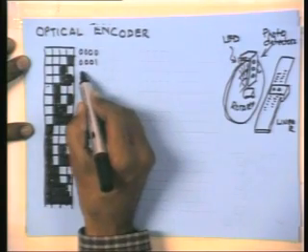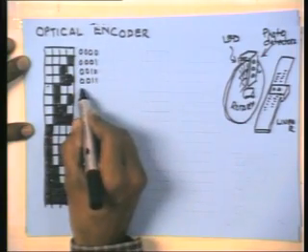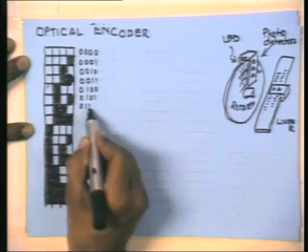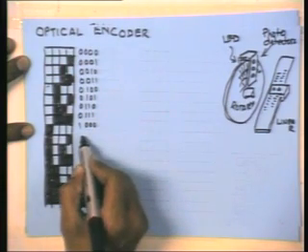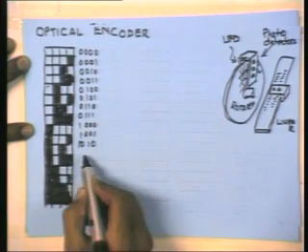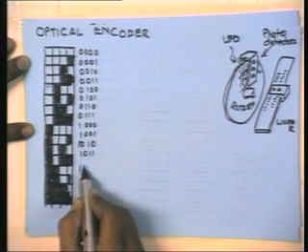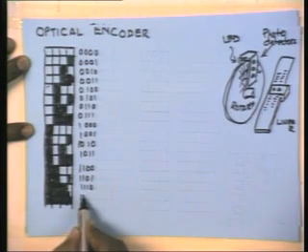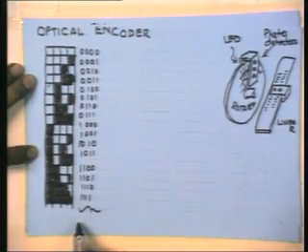So these are basically combinations 0010, 0011, 0100, 0101, 0110, 0111, 1000, 1001, 1010, 1011, 1100, 1101, 1110, and 1111. So you recognize that this is nothing but binary counting.